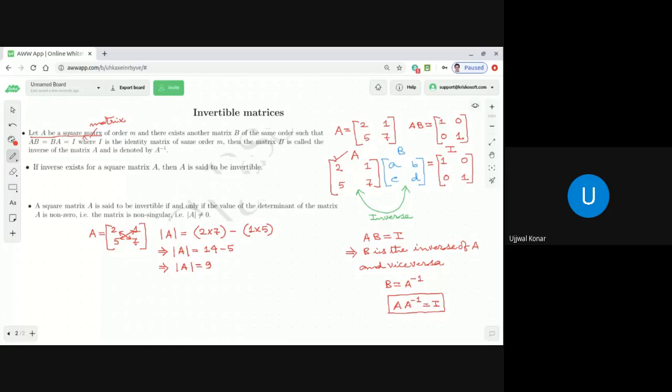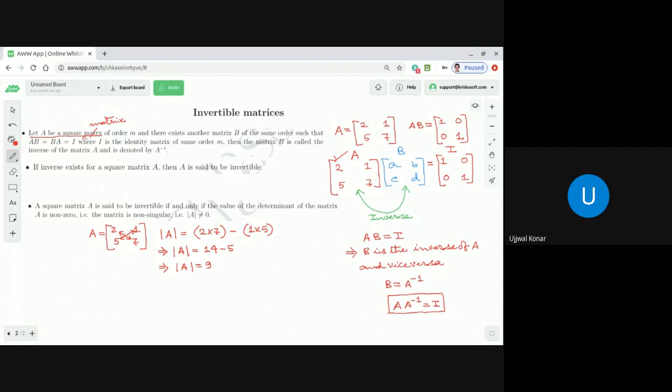And if the matrix is not a square matrix, then forget about finding the determinant. You can only find the determinant of a matrix which is a square matrix. So if the matrix is not a square matrix, forget about it. It cannot have an inverse.